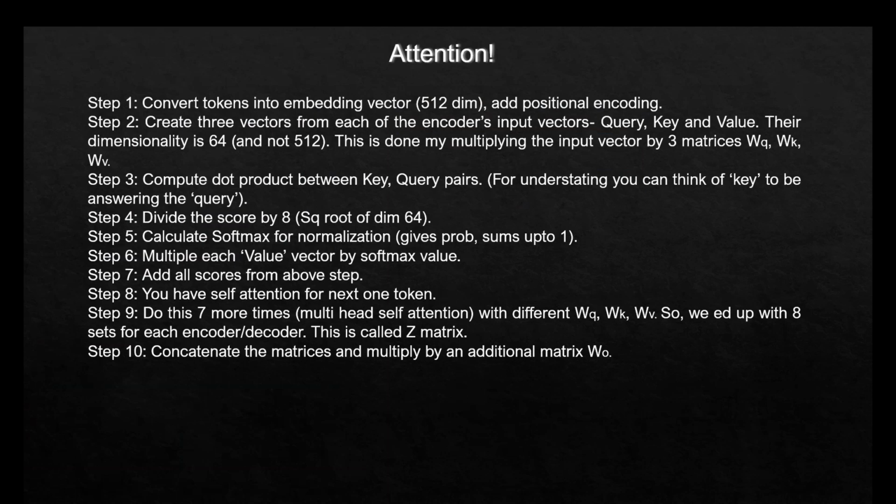Okay, so don't give up in the middle of this. Stick with me. We'll get through this. For the first step, we already know that the token is broken down into an embedding vector. You can use any embedding algorithm like word2vec to turn this into a vector, and the vector's dimensionality is 512.